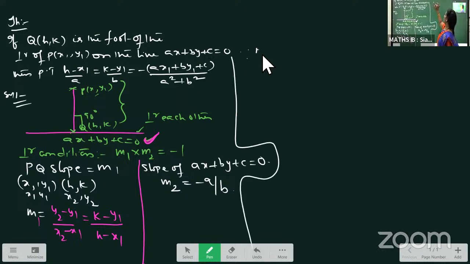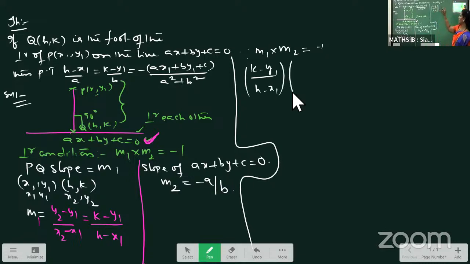Since M1 into M2 is equal to -1, M1 is (k - y1)/(h - x1) into M2, which is -a/b, is equal to -1. So this minus and this minus will get cancelled.